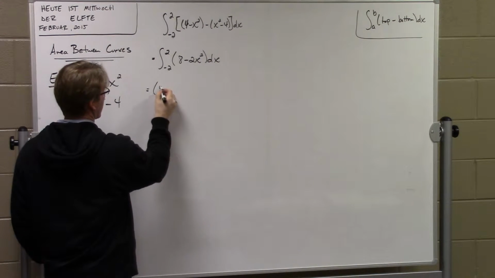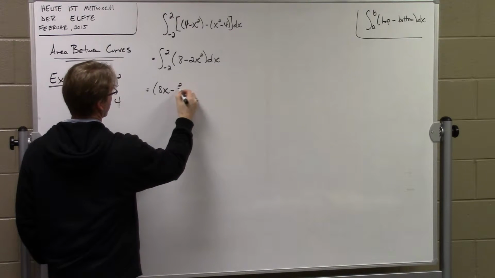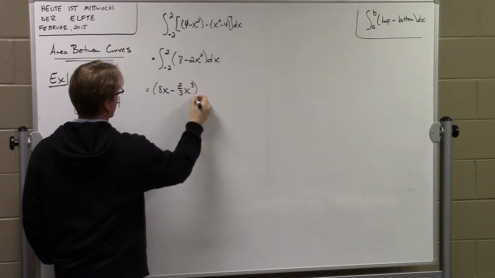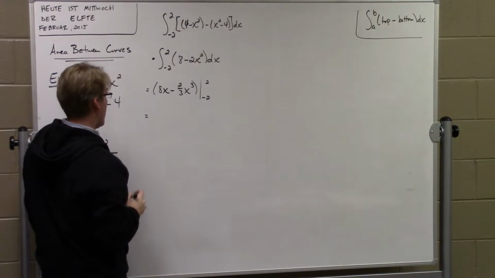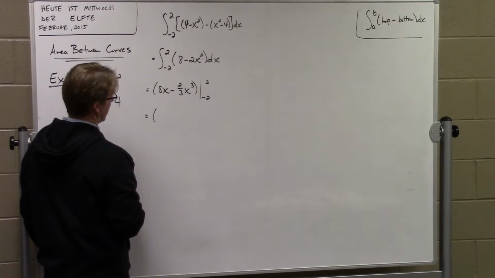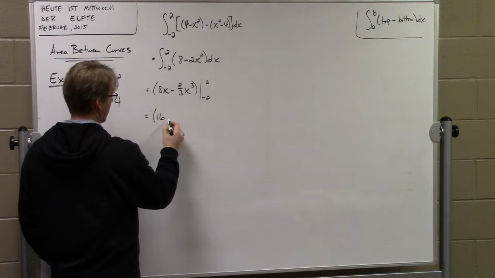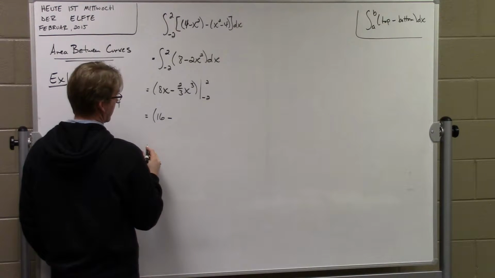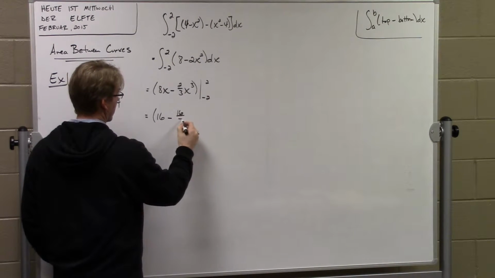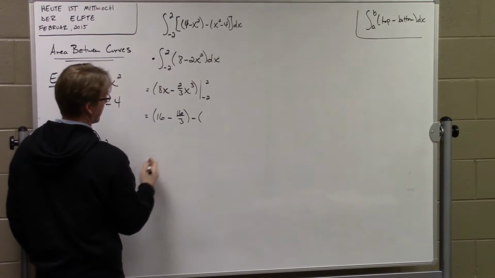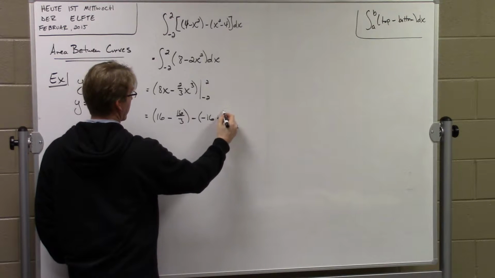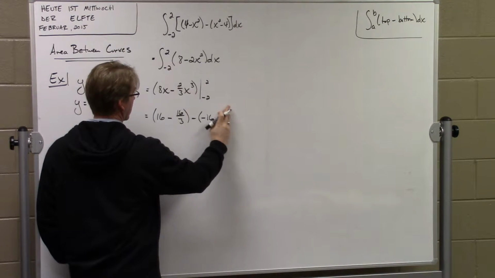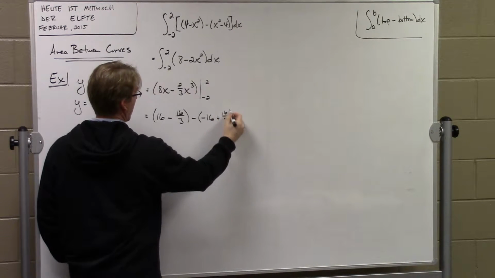The antiderivative is going to be 8x minus 2/3 x cubed on the interval from -2 to 2. Plugging in 2, we get 16 minus 2 times 4 times 2, which is 16/3. Then plugging in -2, we get -16, and positive 16/3. Here's the negative thing.